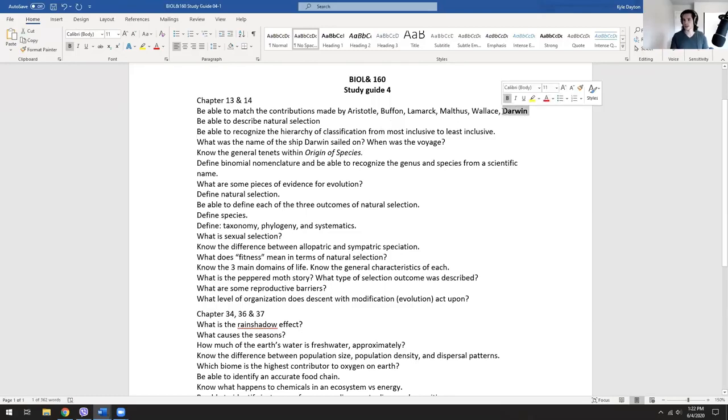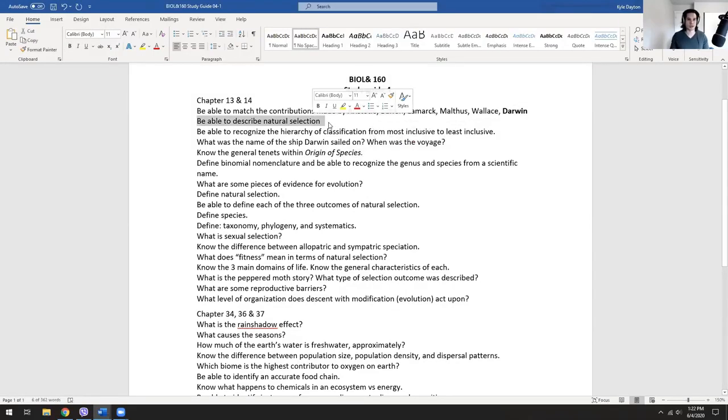I like to go through the history, but when we're recapping everything for the final, I want the takeaway to be at least that Darwin contributed a mechanism for evolution. So you don't have to know the entire history. Darwin provided a mechanism for evolution, and he wrote the book, The Origin of Species.